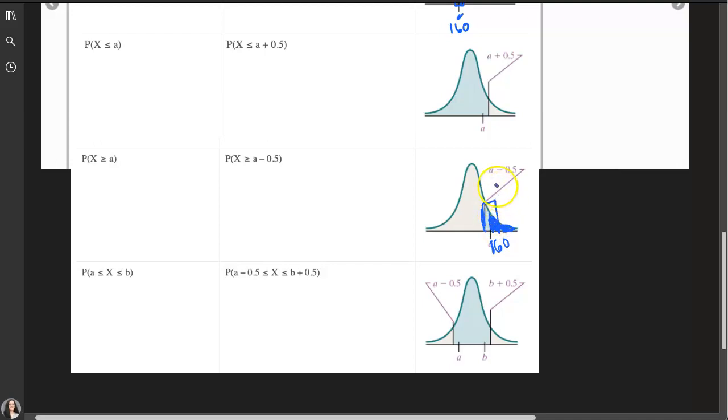So I need to back up 0.5, and so really I'm going to use 159.5 in here. That would be 160 minus 0.5, or in other words, the probability that x is greater than or equal to 159.5. That's what I'm going to do inside of StatCrunch.